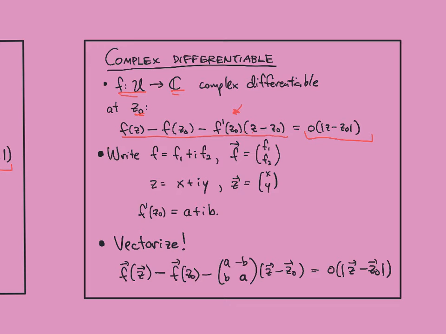Now let's convert this to real variable language. We'll write out the real and imaginary parts of f, but now we'll convert f to a vector, and we'll convert z to a vector (x, y), and let's write out the real and imaginary parts of the derivative at Z0.